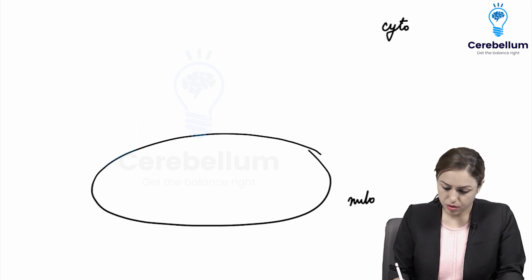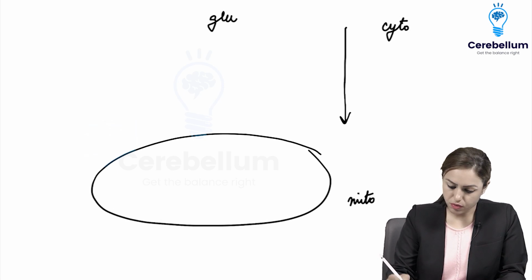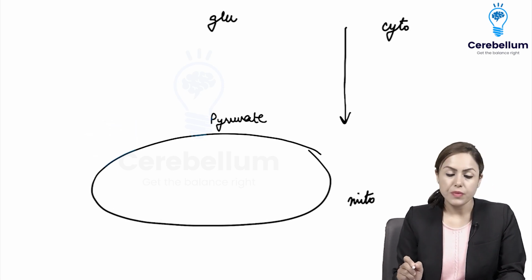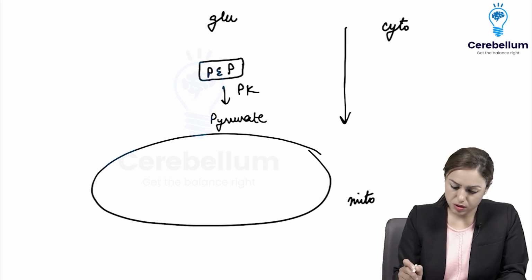Okay, so here in cytoplasm, glucose gets converted to pyruvate, right? There is one step of pyruvate kinase from phosphoenolpyruvate.